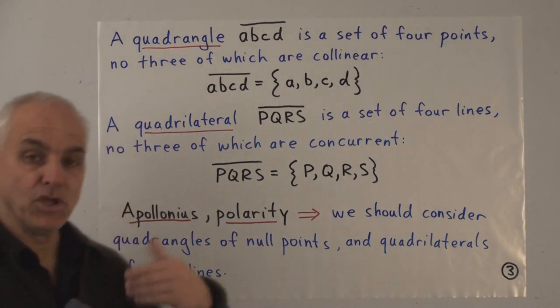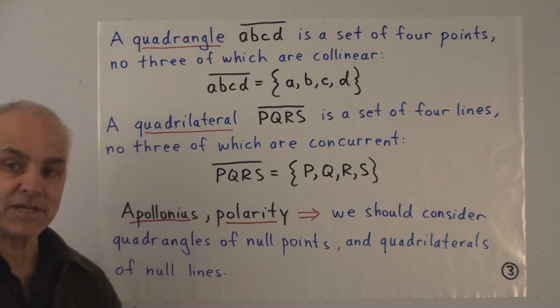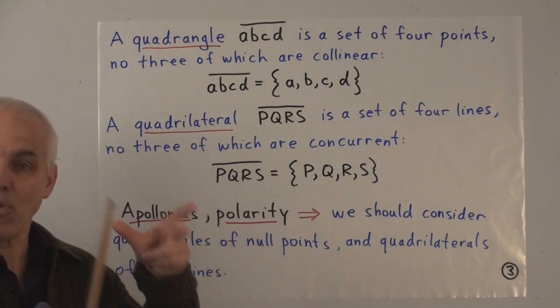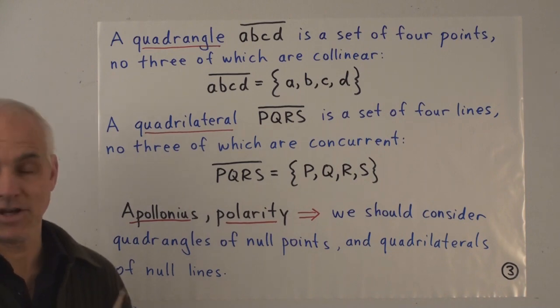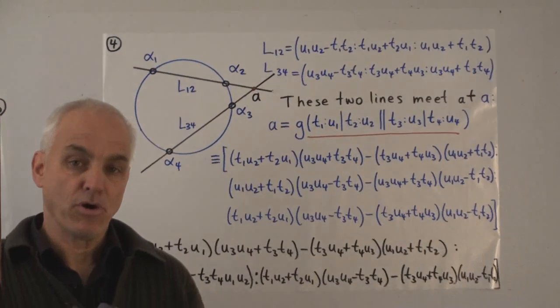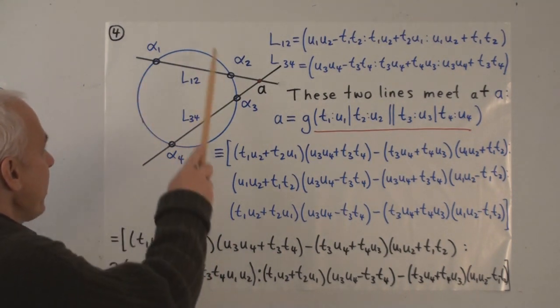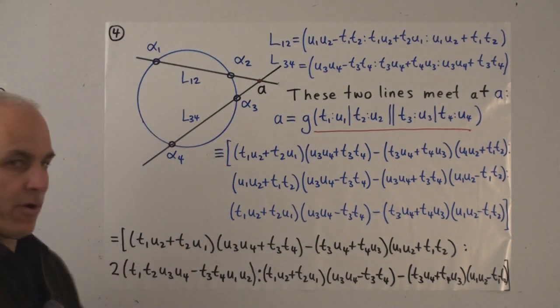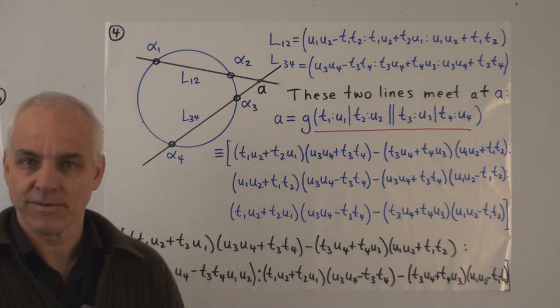Alright, so we're going to use these concepts because Apollonius' notion of polarity involved 4 points on the circle, or 4 points on a general conic. So let's suppose that we have 4 null points, alpha 1, alpha 2, alpha 3, and alpha 4. And each one of those is given by a proportion.